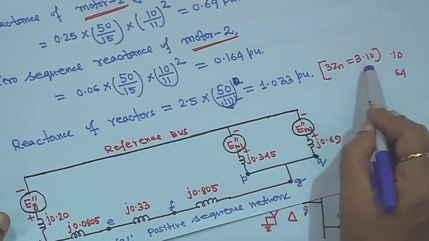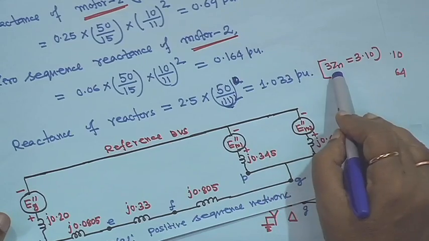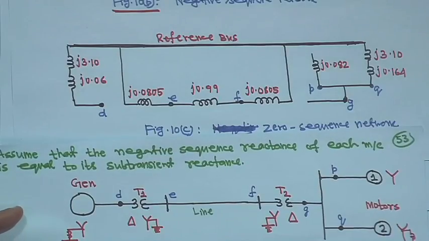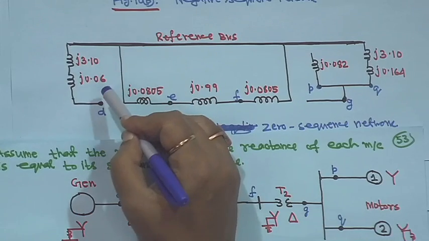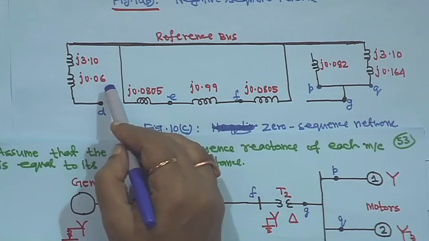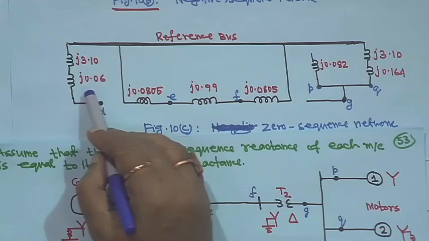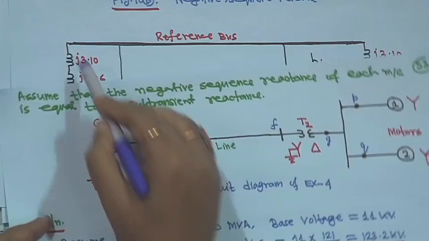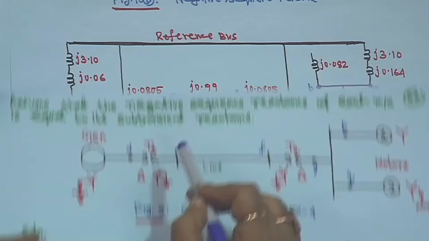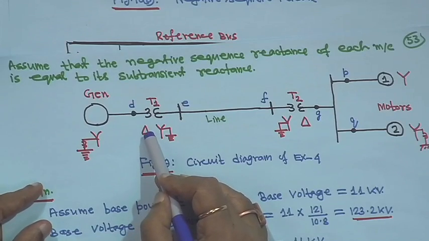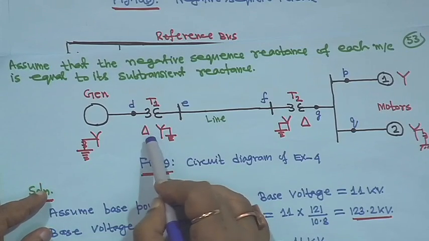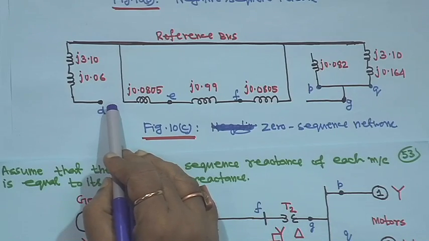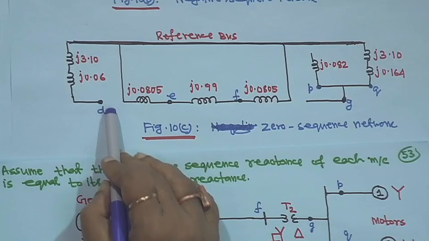So, this is 1.033 multiplied by 3, so it is j3.10. The zero sequence reactance of the generator is j0.06, it is given, and as it is grounded it is connected to the reference bus. But this side is isolated, because of the delta the circulating current cannot leave the terminal. So it has to be isolated, no connection. Hope you have understood this.